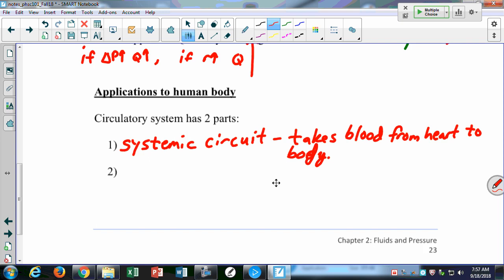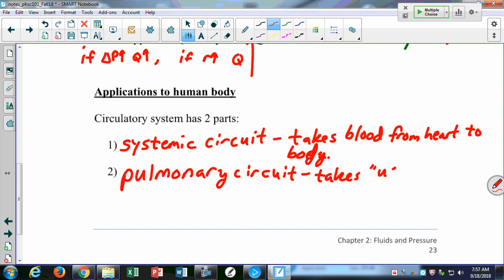And then there's the pulmonary circuit. This is a much shorter system because it just goes from the heart to the lungs. It takes, I'm going to put used blood. That is blood that's been depleted of its oxygen and whatever nutrients.